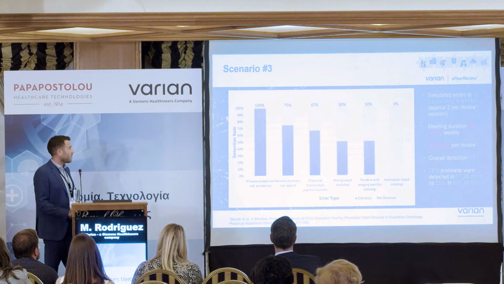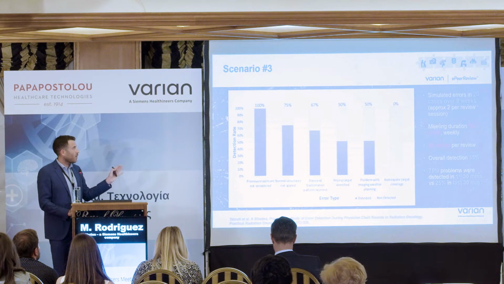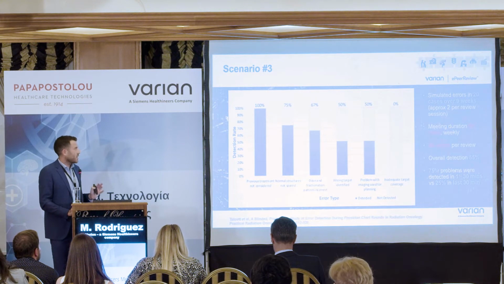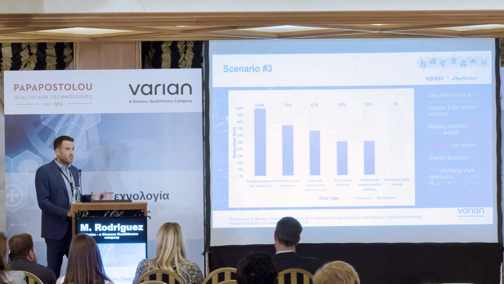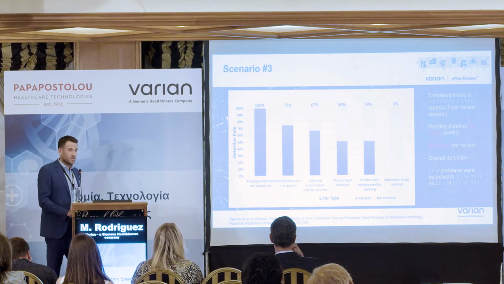This study was done by one of our customers, where they introduced simulated errors in the review process over 9 weeks. Having this 60-minute review per week with 45 cases per review, meaning 80 seconds per patient, they were able to detect more than 50% of those simulated errors that they introduced.